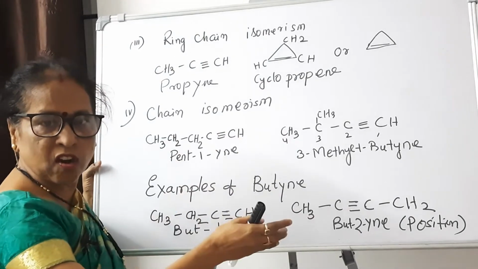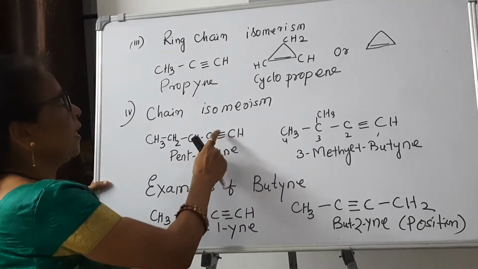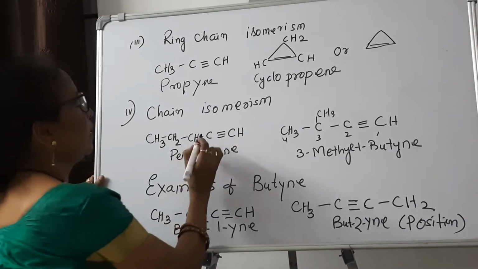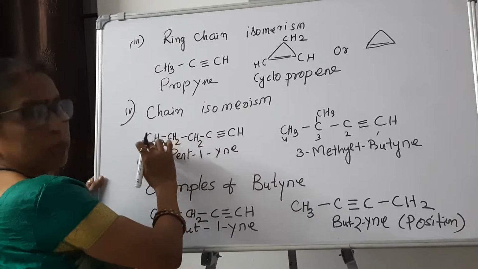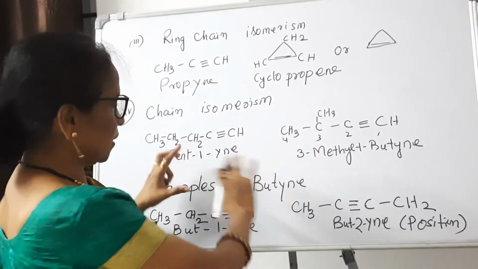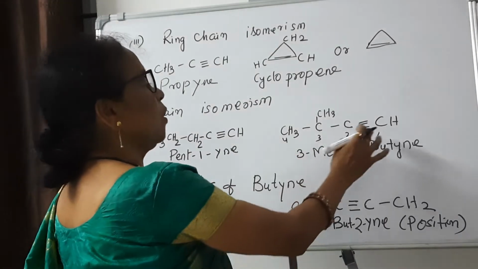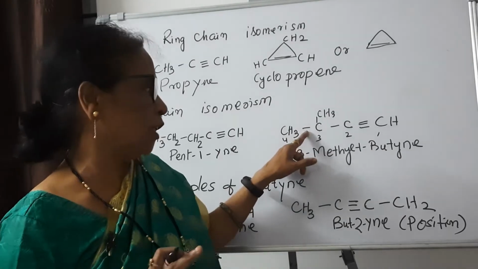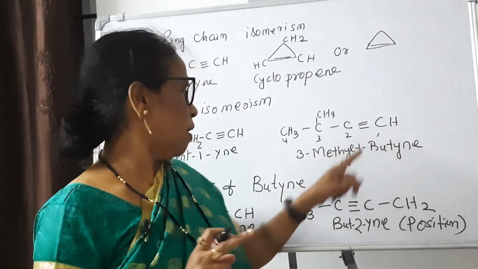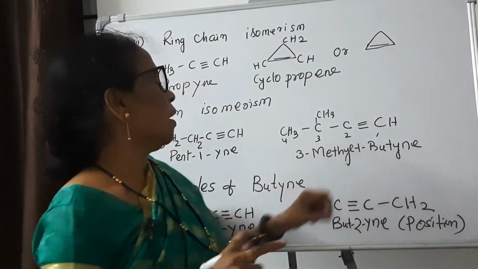If it is not correct, that is not possible at all. So 3 1 4, and here 3 1 4, and 2 3 4, 2 3 4, 3 1. That means carbon has 4 valency, it is satisfied. It is pent-1-yne, and it is 1 2 3 4. In position 3 there is a methyl group, after 1 there is a triple bond. So what is the name? 3-methyl-1-butyne.